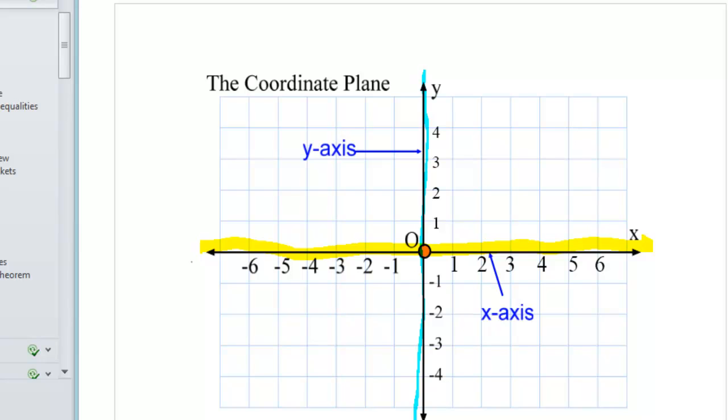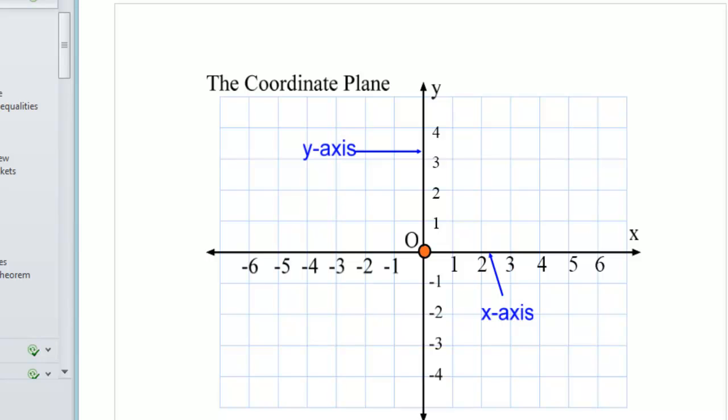Our horizontal axis is called the x-axis, and our vertical axis is called the y-axis. They're just number lines. The number line is negative when we're going to the left for the x-axis and negative when we're going down for the y-axis.